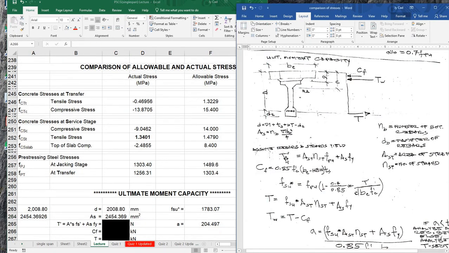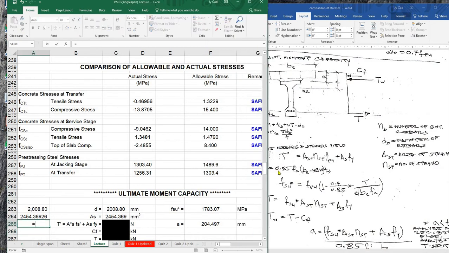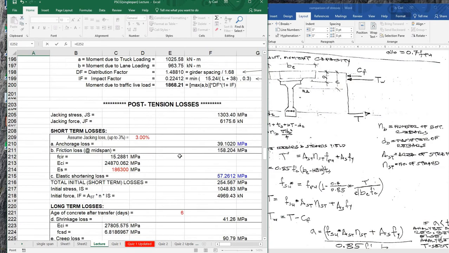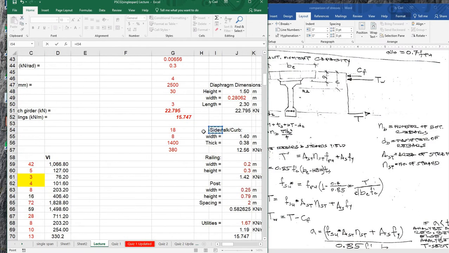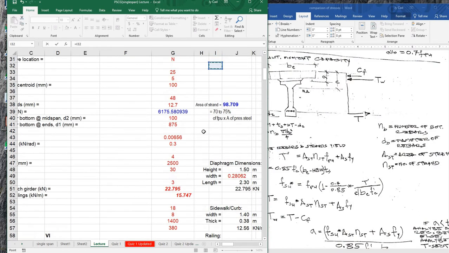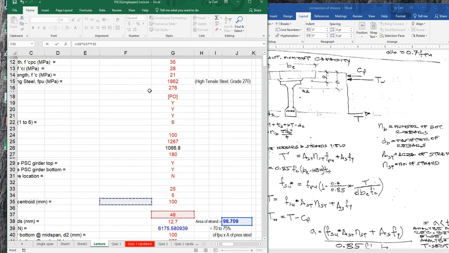And then, for T prime, dito na tayo. This is equal to area of strand. Nandito yon, area of strand. Yan, yung 98.709, that is input data. Tapos, multiplied by number of strand, yung 48. Multiplied by FPU. Ito, 1862.